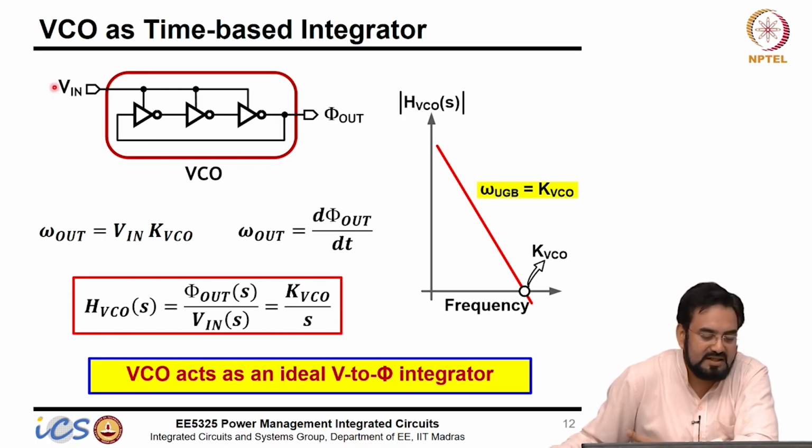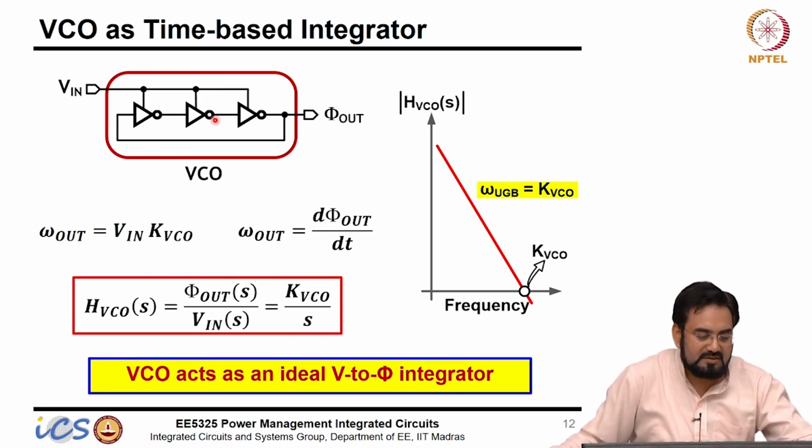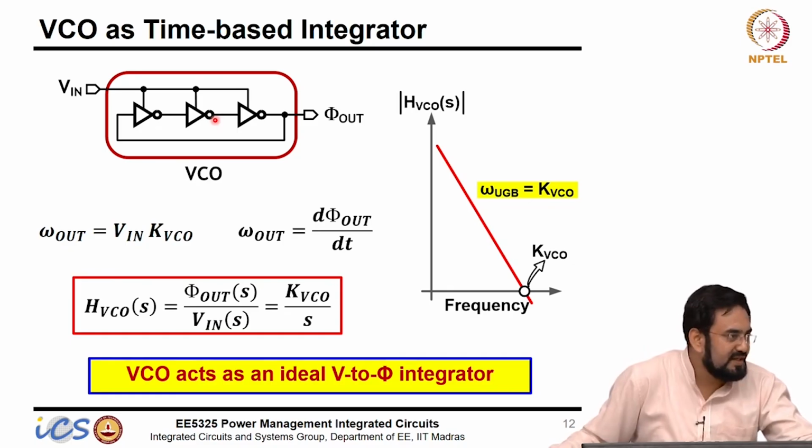You get a ring oscillator, and you can make it current controlled or voltage controlled, whatever, it does not matter. So you get an integrator and you can control the gain by controlling the KVCO. So without any capacitor, you can get the integration function here. And in the PID we require proportional, integral and derivative.